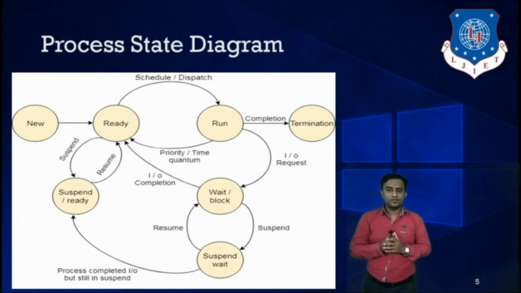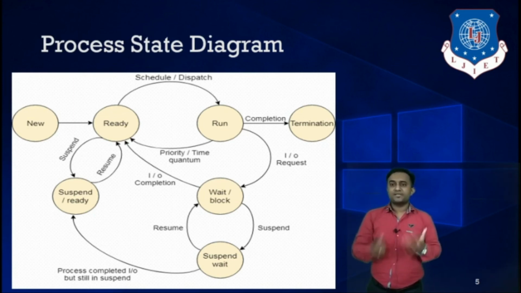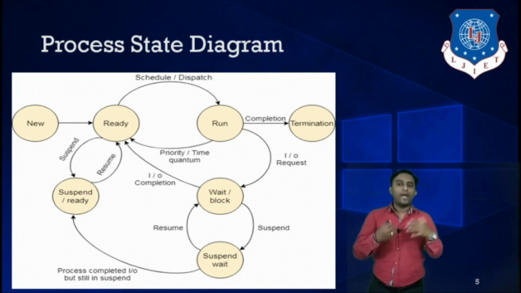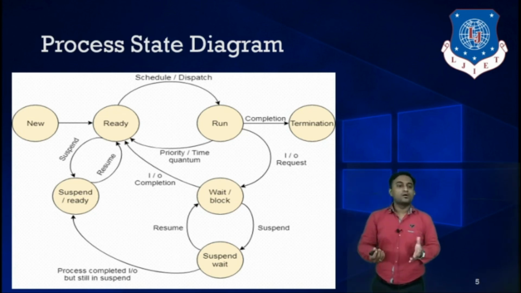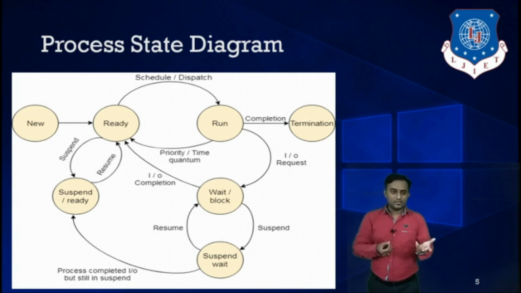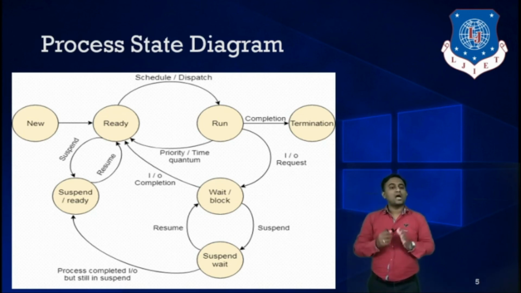But one thing you have to keep in your mind: IO operation can be performed whether that process is located in main memory or in secondary memory. Means whether it is in local memory or in secondary memory, the execution of the IO operations can be performed.